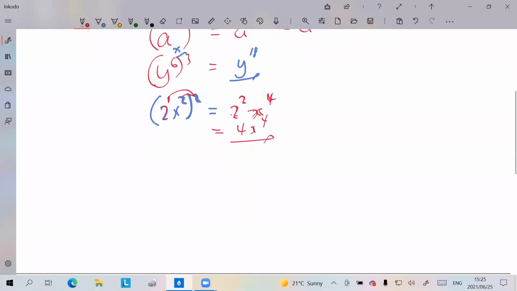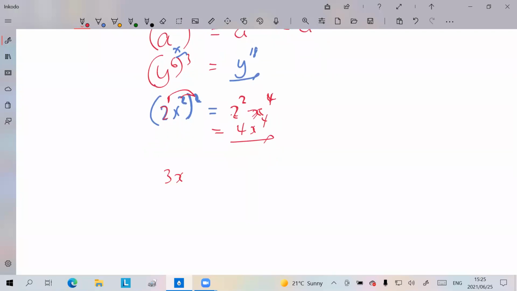Let me do one more like this. Let's say I had 3x to the power 2, all to the power 3. Let's see, is that any more difficult? Understand that this means 3 to the power 3 and x squared to the power 3. So it'll be 3 to the power 1 times 3 is 3.